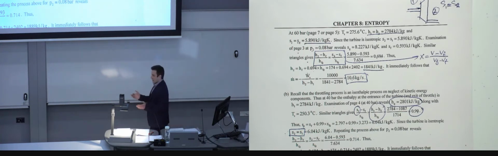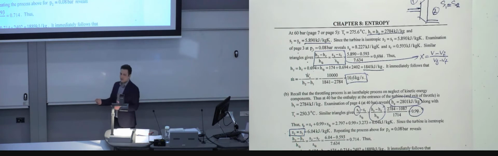For example, a turbine is an isentropic device, which means entropy will be the same before and after, and you use that information to find other parameters, such as entropy. That's exactly how you approach these problems.